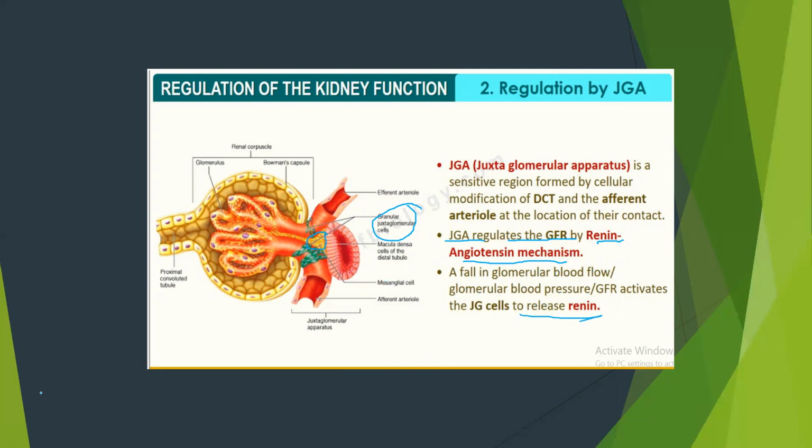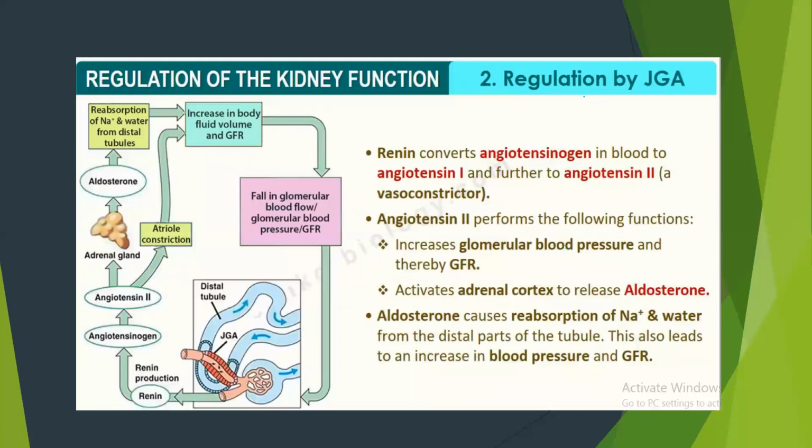Now, this renin, in turn, converts the angiotensinogen, which is present in the blood, into angiotensin 1, and then this angiotensin 1 is converted into angiotensin 2.